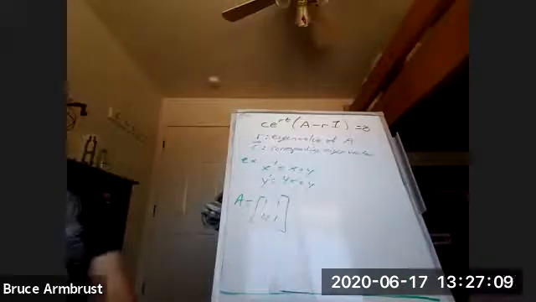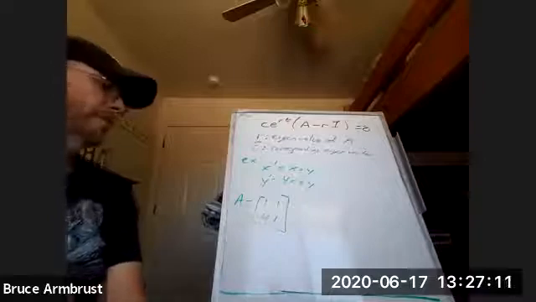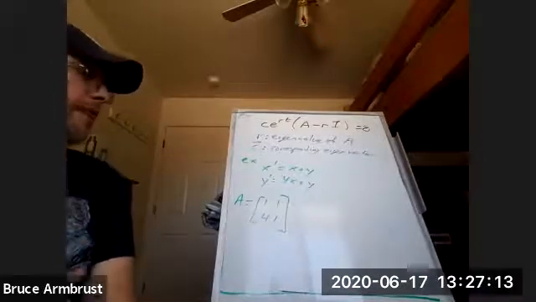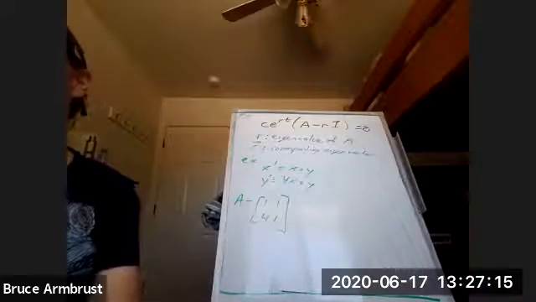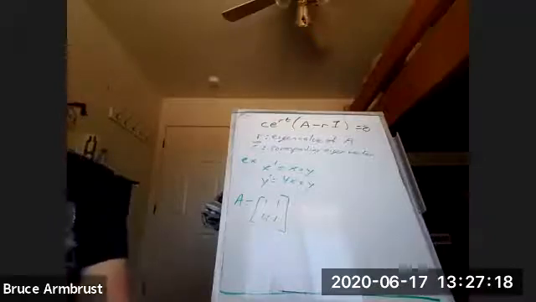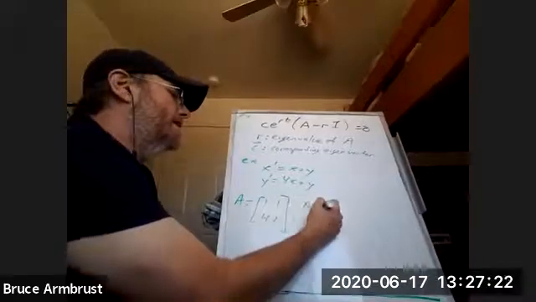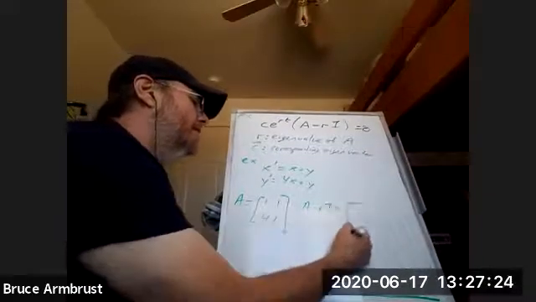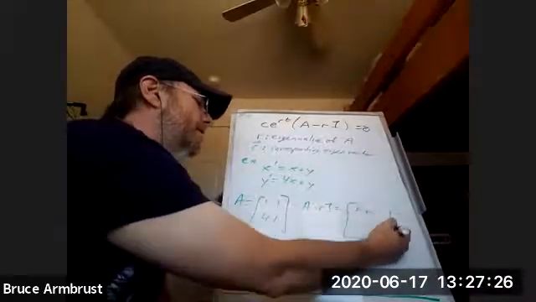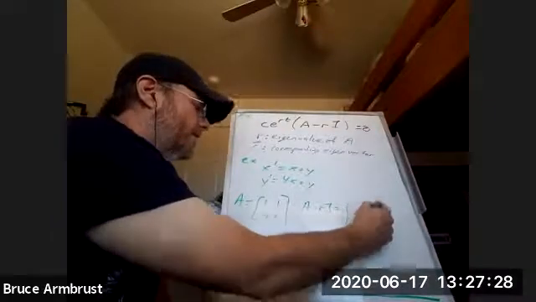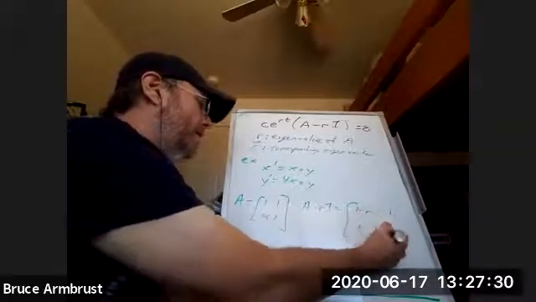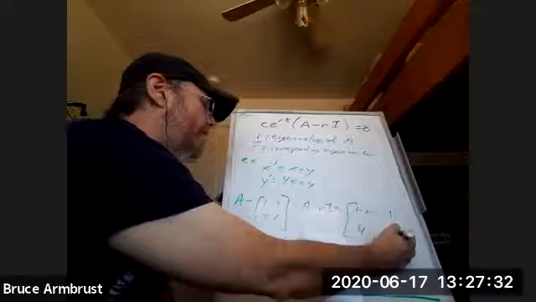And now we want to find eigenvalues. So we'll make the A minus lambda I. I'm going to write it as an R, but R or lambda doesn't really matter. So A minus R times I is going to be 1 minus R, 1, and then 4, and then a 1 minus R again.